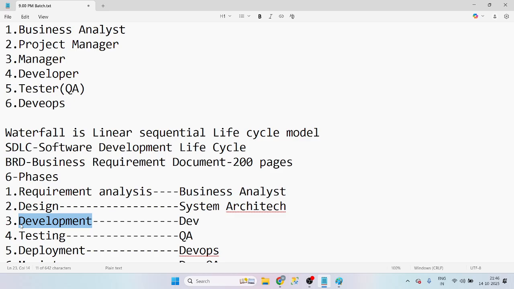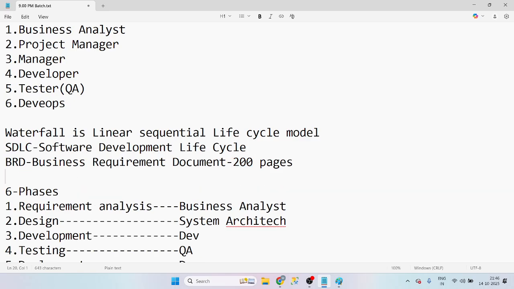For that reason, we have another person called the system architect. The system architect will take this 200-page documentation, read it, modify it, and write another documentation.